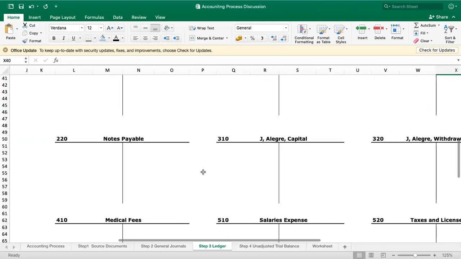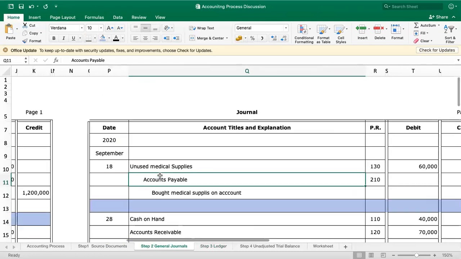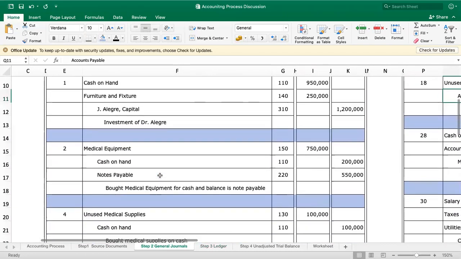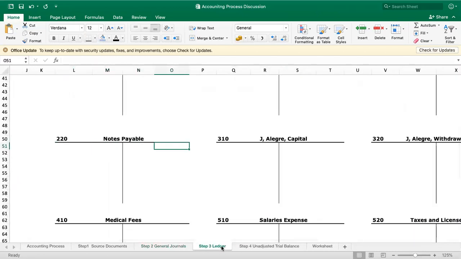Okay, so next we have notes payable. Let's go back to the general journal if there are transactions that affect our notes payable. So page 1, ayan, meron na, September 2. That's credit 550,000. Okay, take note of this ha. Be careful on putting which side the amount.